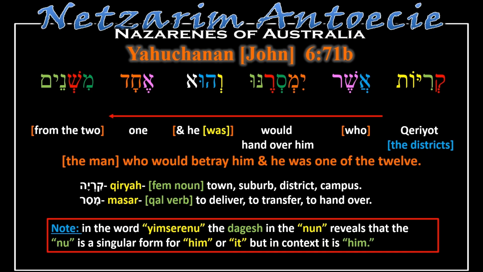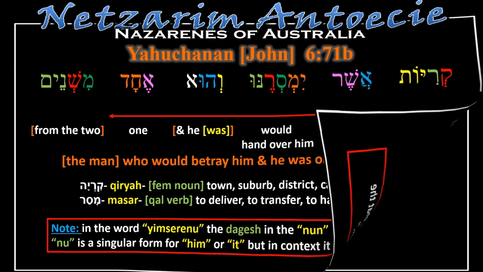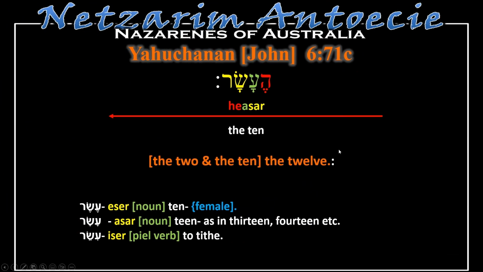And then we have the second part of the verse, which has a Hey, Ayin, Sin, Resh, which is he-asar, the 10. So the 2 and the 10, therefore the 12. And I've given you some indications here.